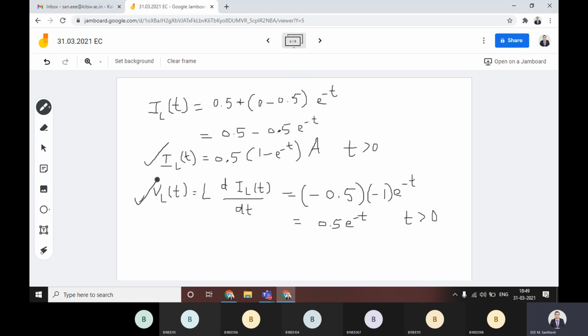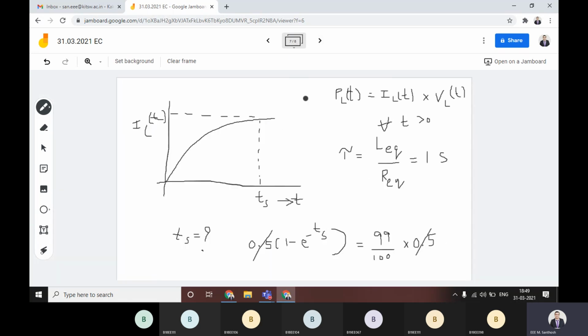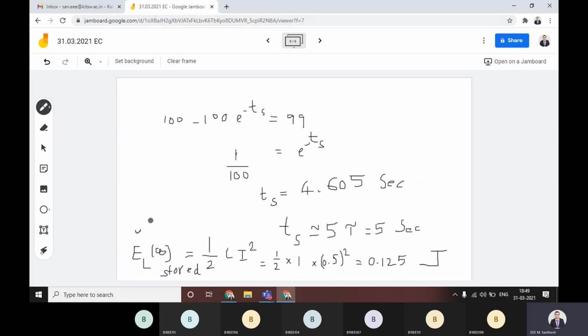You can calculate this way. They may ask you the power or time constant or energy stored. We discussed everything. If they are asking you anything from this, you can directly calculate the values here. Understood this point?